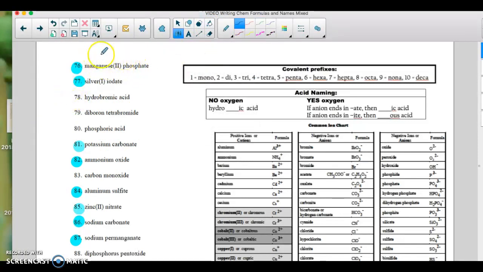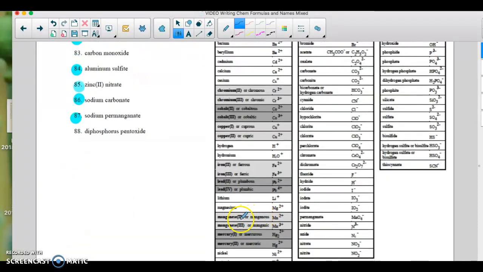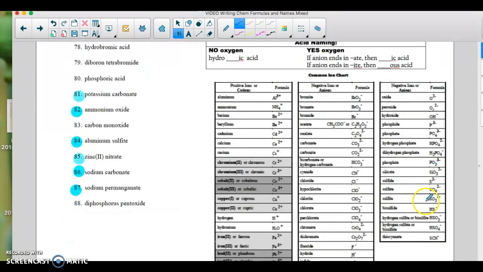Manganese is my pink sheet, Mn, and they're telling me it's Roman numeral 2. That means it's this one. So manganese +2, and then phosphate is over here somewhere. Do you guys see it? There it is.